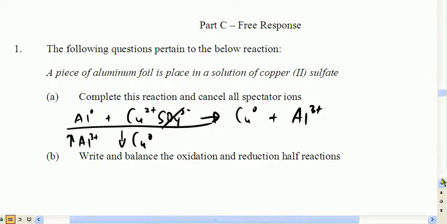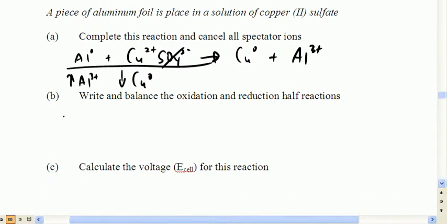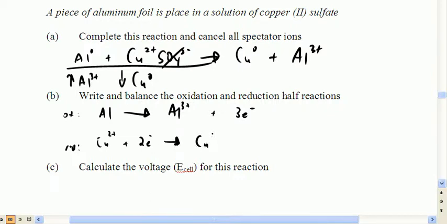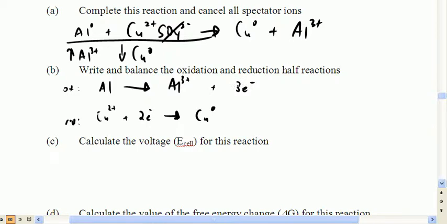There we go. Write and balance the half reactions. Oxidation, reduction. Aluminum went to aluminum 3 plus, and it had to lose 3 electrons. Copper had to gain 2 electrons to be reduced to copper 0. When we look at this, we have 3 and 2, so the least common denominator is 6.